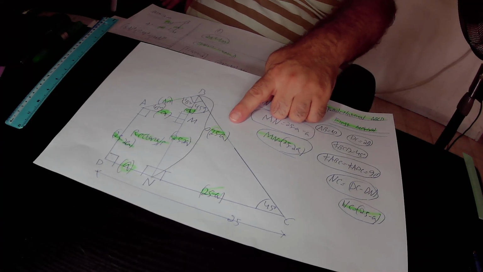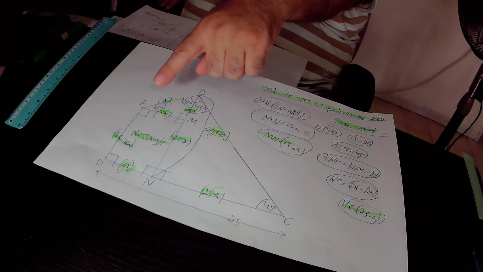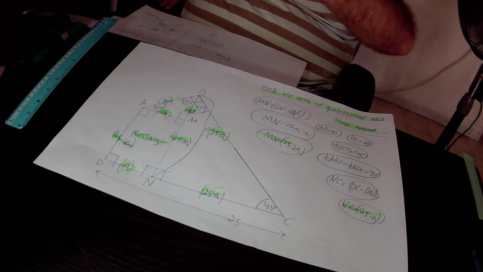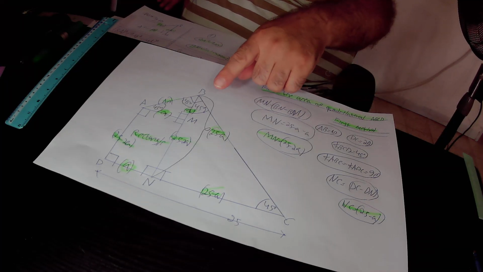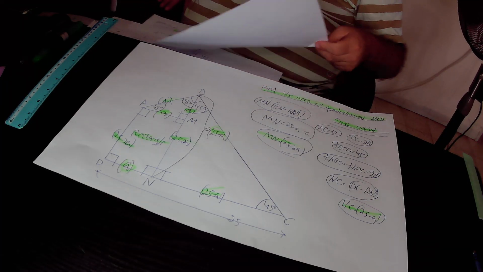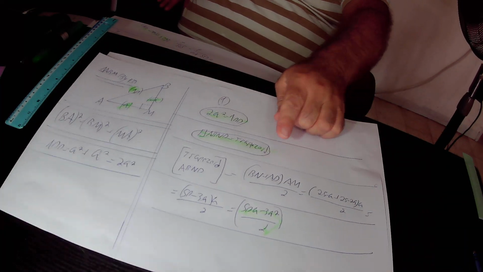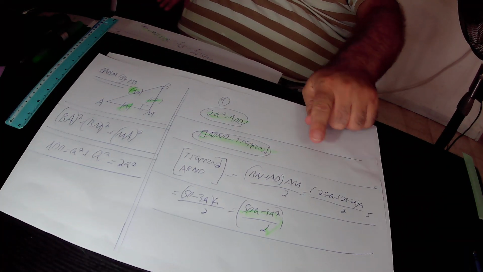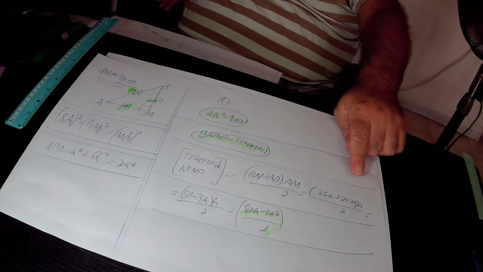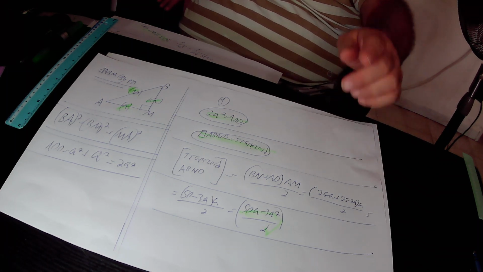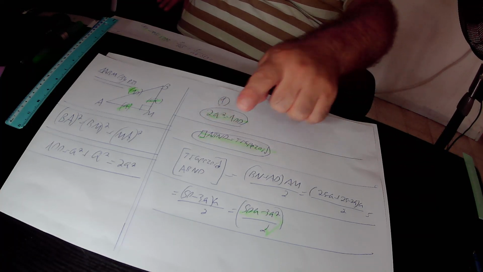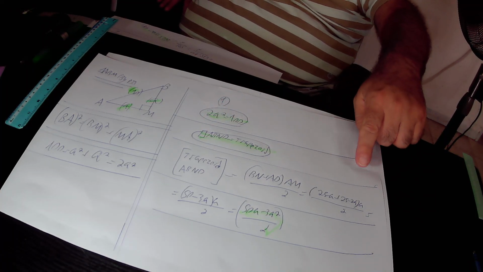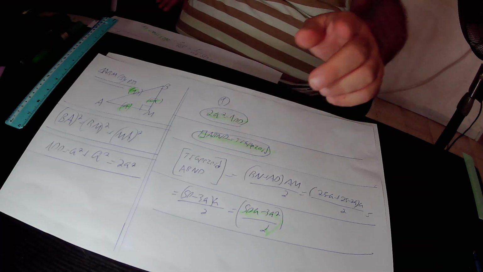BN is 25 minus a, plus AD is 25 minus 2a, multiplied by AM, which is a, divided by 2. So again, BN is 25 minus a plus AD is 25 minus 2a, times AM, that is a, divided by 2. 25 plus 25 is 50, and minus a minus 2a is minus 3a, times a over 2.